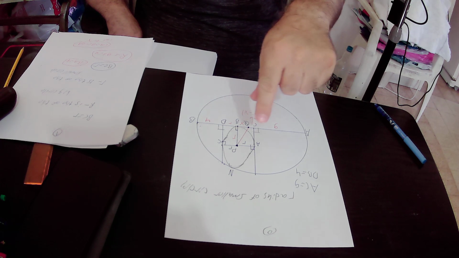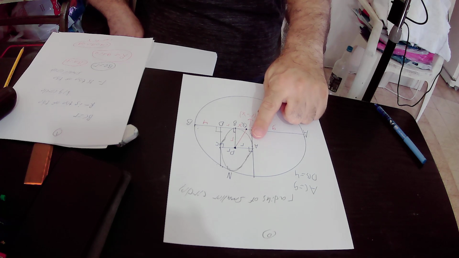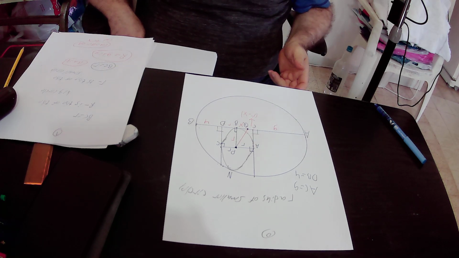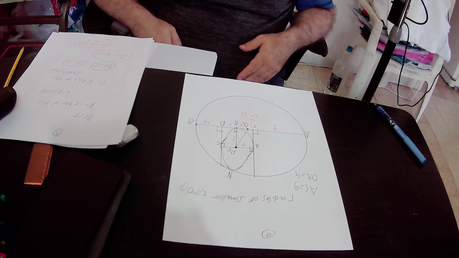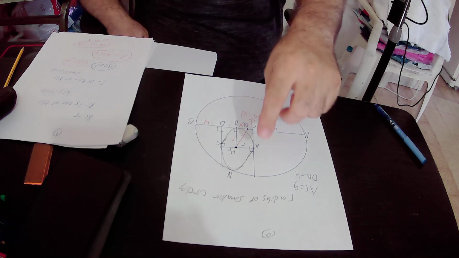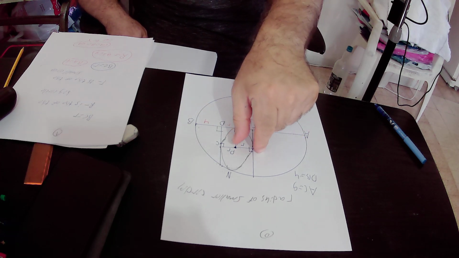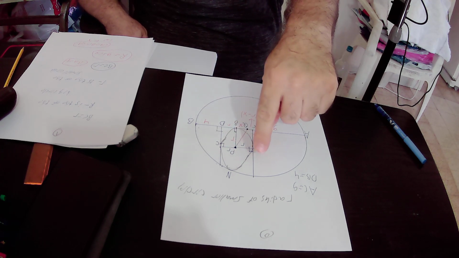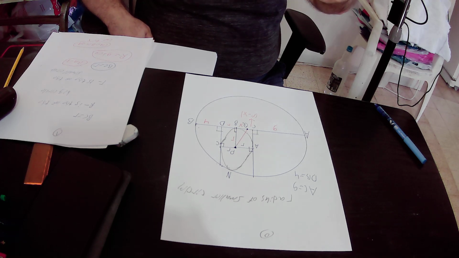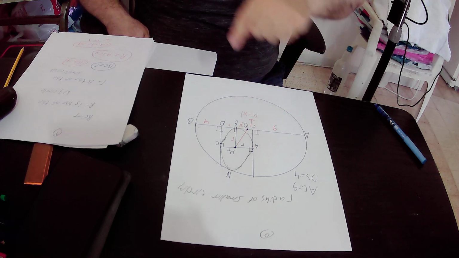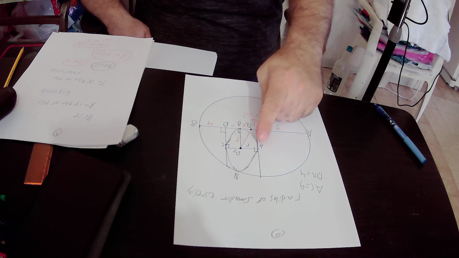We draw the first radius to point A, and as you already know, the radius is perpendicular to its tangent. That is to say, the radius creates 90 degrees with its tangent. Therefore, here we have 90 degrees.